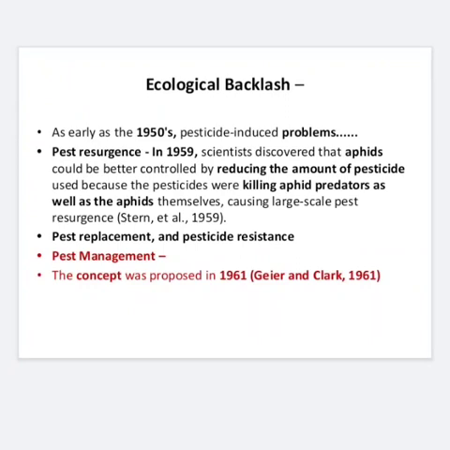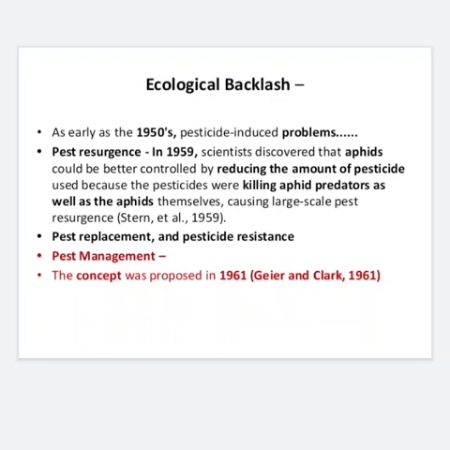How did this IPM evolve? When the green revolution took place, mostly chemical fertilizers and chemical pesticides were used, and farmers were getting more yield. But after some years, soil health was reduced and the soil got polluted.